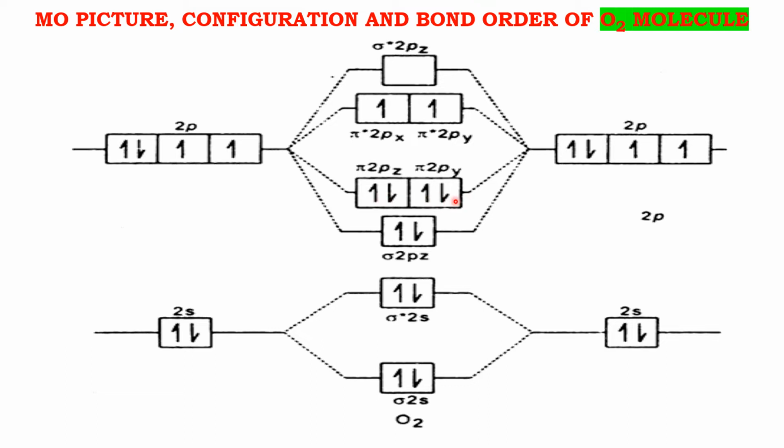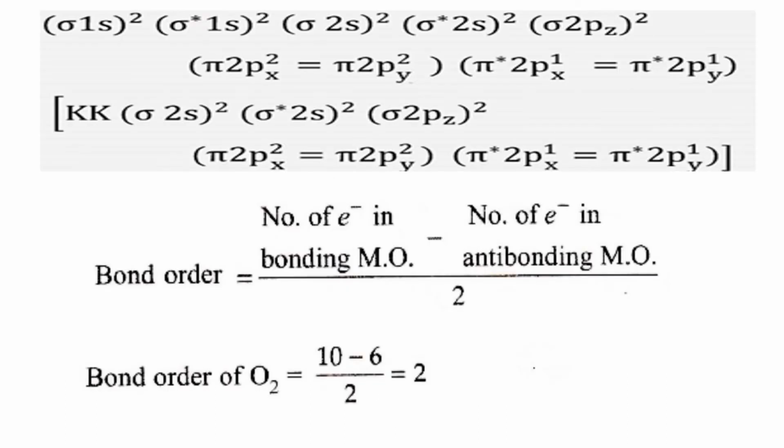Finally, the remaining 2 electrons enter the pi star 2px and pi star 2py, which have the same energy. So 2 electrons enter equally into 2 different orbitals, pi star 2px and pi star 2py, obeying Hund's rule of maximum multiplicity. Hence, the molecular orbital configuration of oxygen.